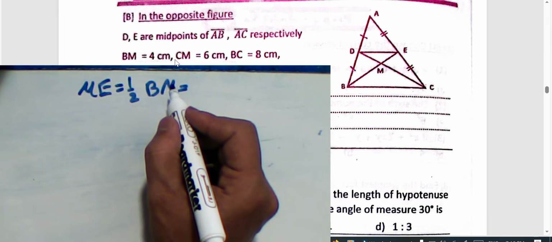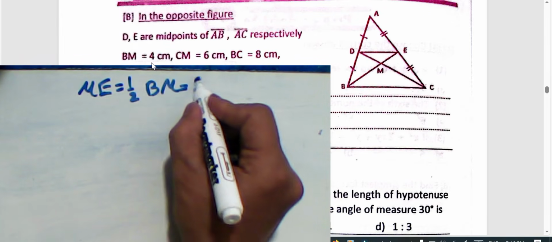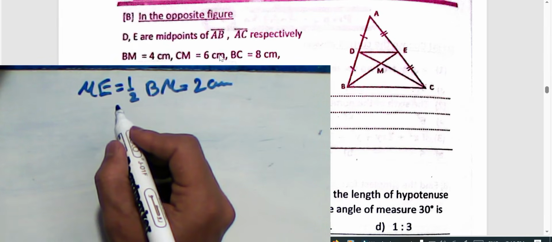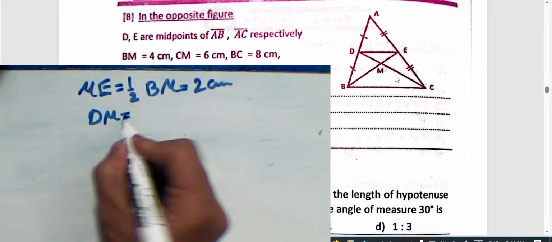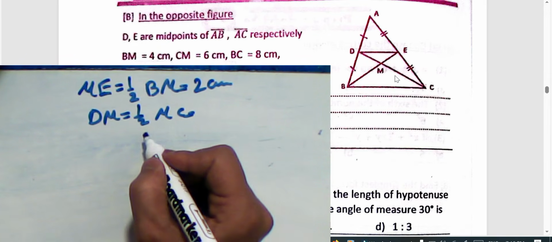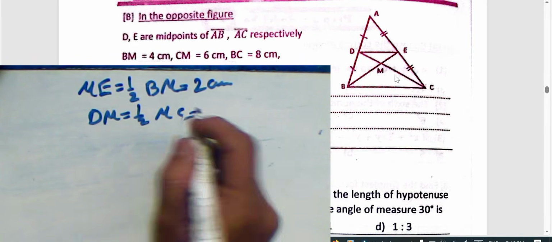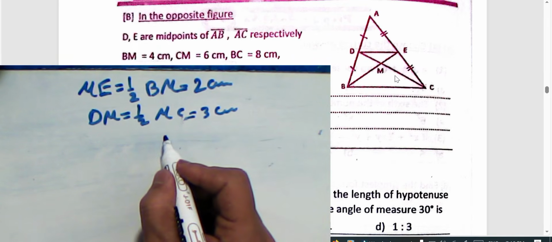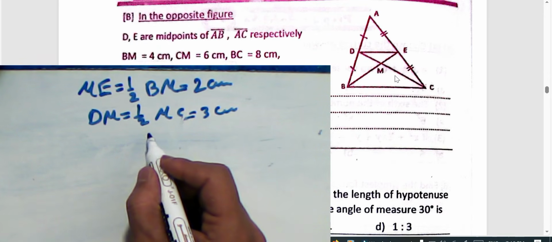BM was 4, half of 4 equal 2 centimeter. They give me CM was 6, then DM also half of MC. MC was 6, half of 6 equals 3 centimeter. And we take here DE half of BC, BC 8.